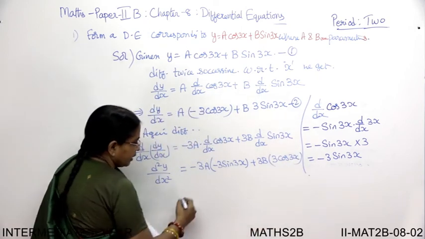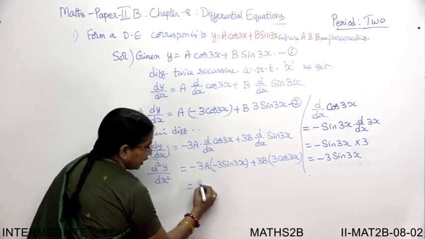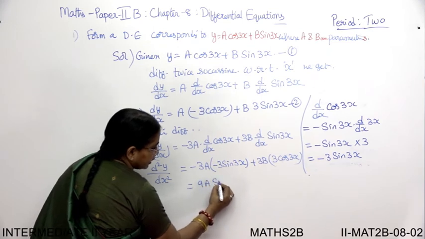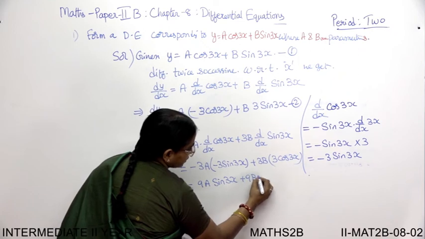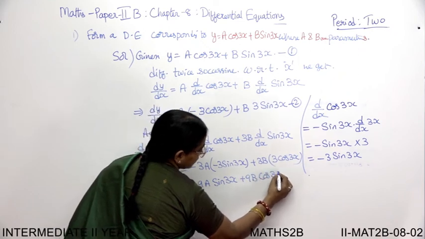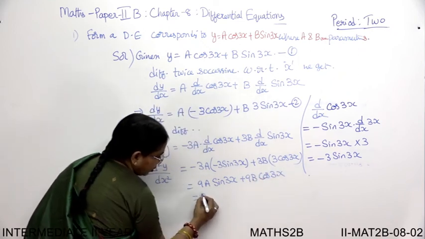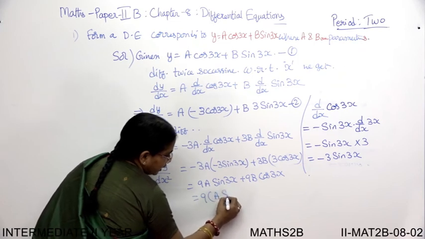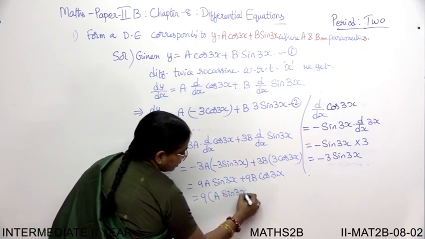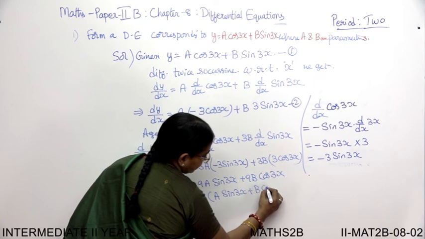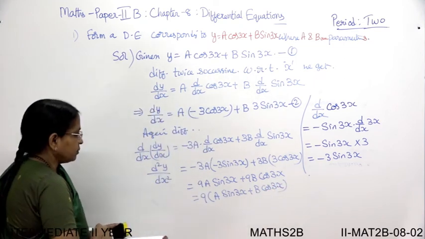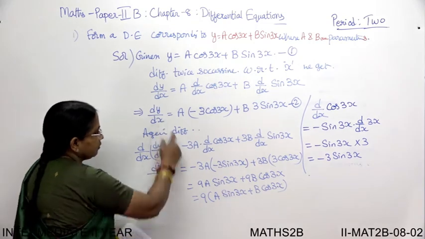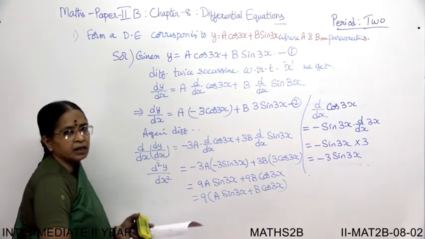Okay, now we can make it 9. So minus 9a cos 3x minus 9b sin 3x. You can take minus 9 common, then it becomes a cos 3x plus b sin 3x. From these three equations you must eliminate a and b.